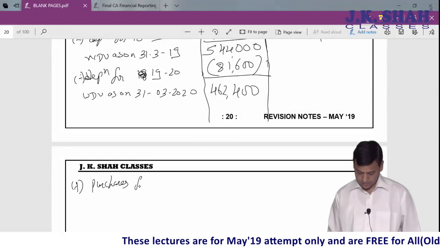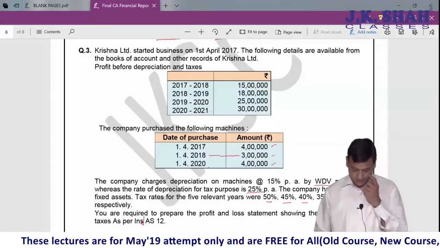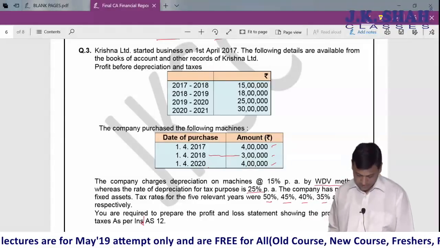Purchases for 2020-21. You are purchasing something for 2020-21: 4 lakhs.